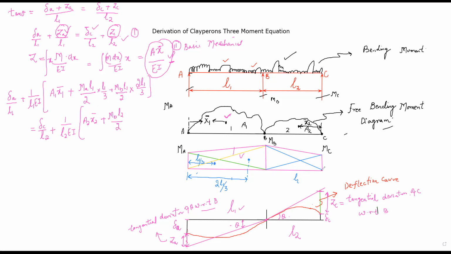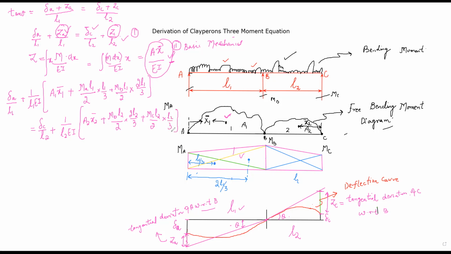And how far is its centroid from here? Its centroid is 2L2 by 3, that is 2 times L2 by 3, plus the area of this right angle triangle, that is having MC as one of the sides. It will be MC L2 divided by 2 multiplied by L2 by 3. That is how far its centroid is.